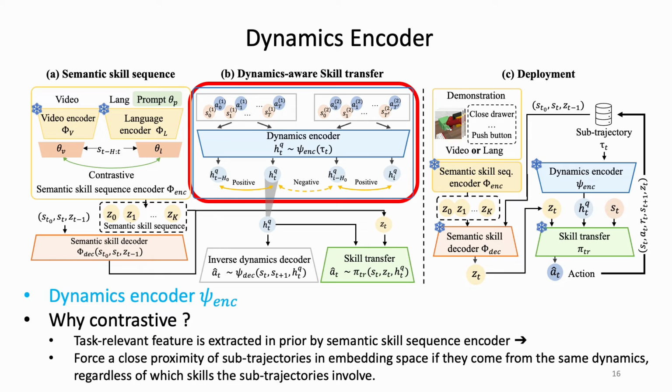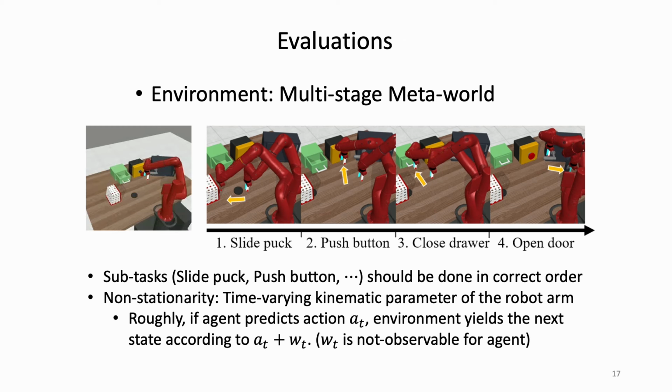However, since they are part of the same trajectory and thus share the same dynamics, we want their embeddings to remain close to each other. This desire to keep embeddings of sub-trajectories from the same trajectory closely aligned in the embedding space is precisely why we define sub-trajectories from the same trajectory to be positive pairs.